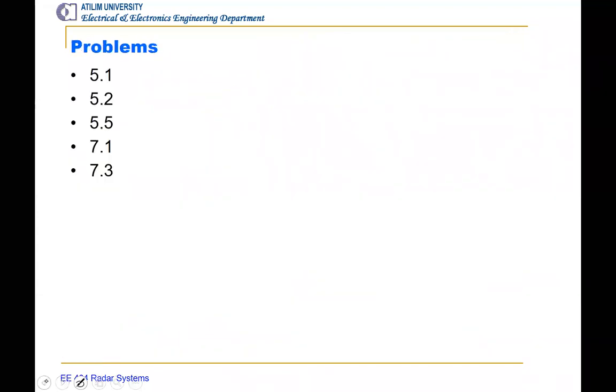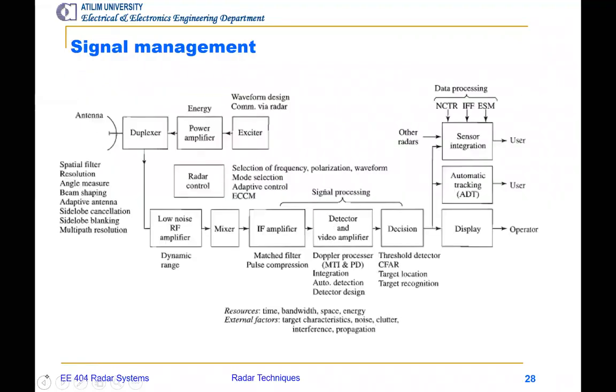Okay, this is the final slide, the last slide of this lesson. It's about signal management. There's an overall picture of a radar system, and we have processes. In the next, the last lesson, we'll be talking about signal processing.